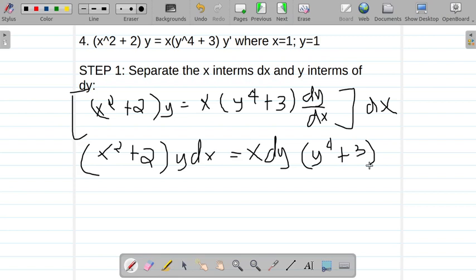So, pwede pa nimo ni siya mag-group by dividing this equation. I-group na nimo ang x in terms of dx and y in terms of dy. So, kung mag-divide ka diri og y, makancel out si y.